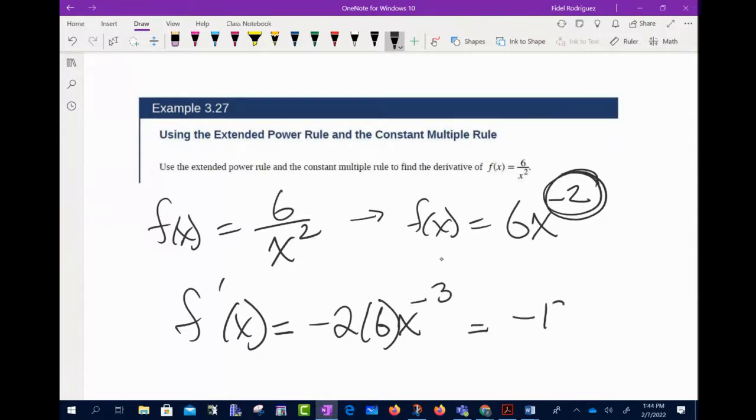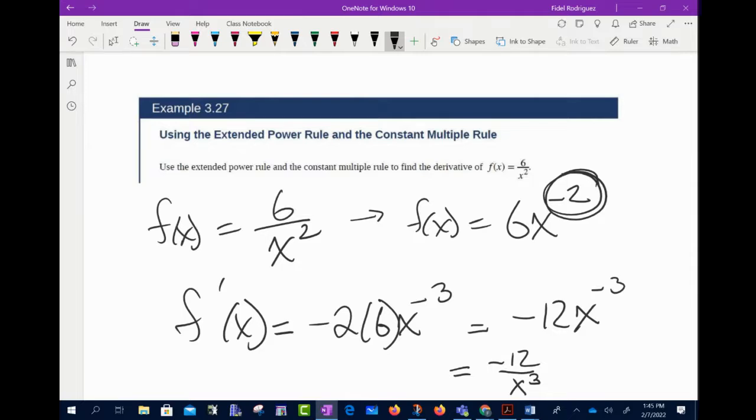And do you agree with me that that would be negative 12 x to the negative 3? And if you wanted to, you don't have to, you could write it like this. And it would mean the same thing. Do you have to write it like that? No, you don't. It's just another way of writing it.